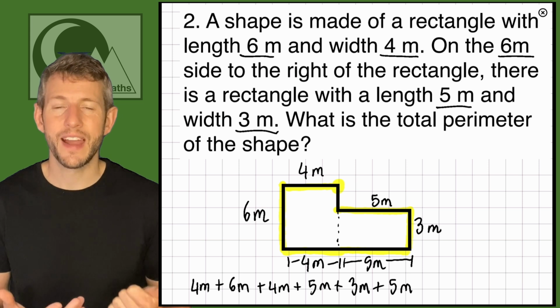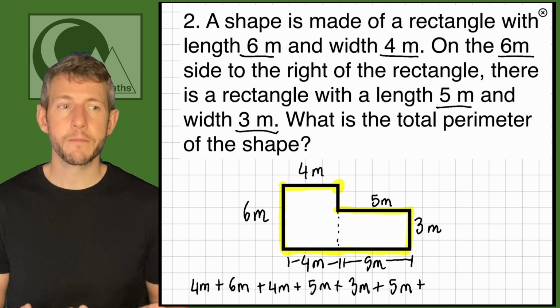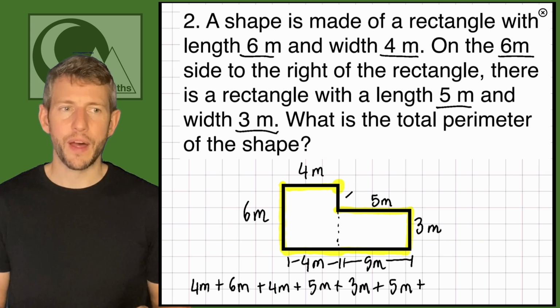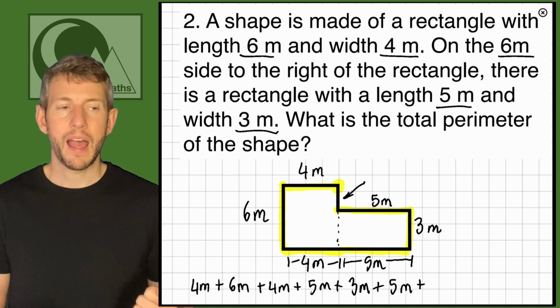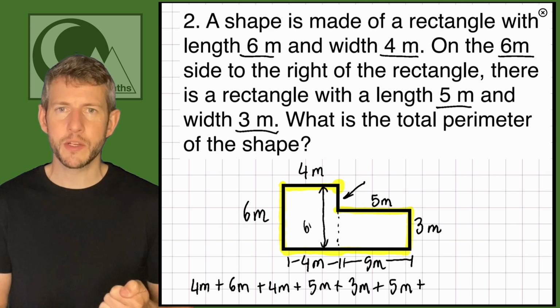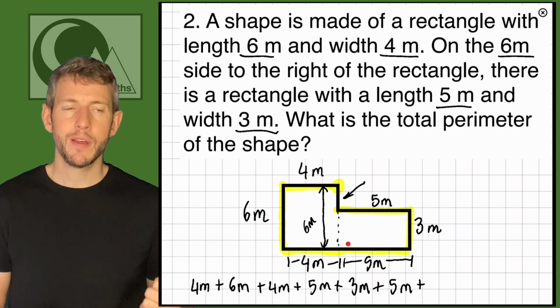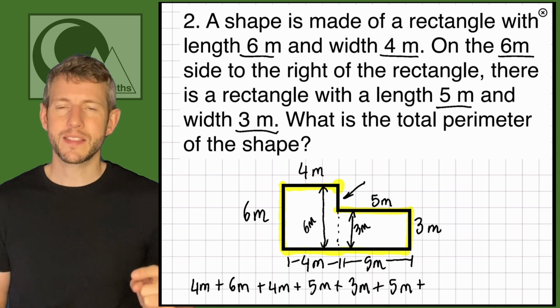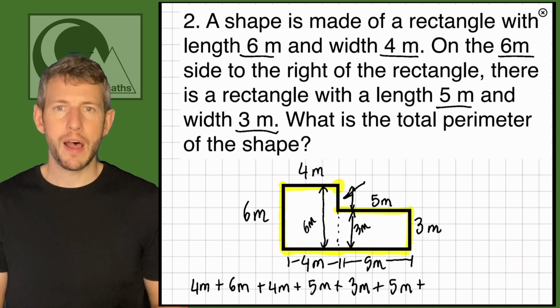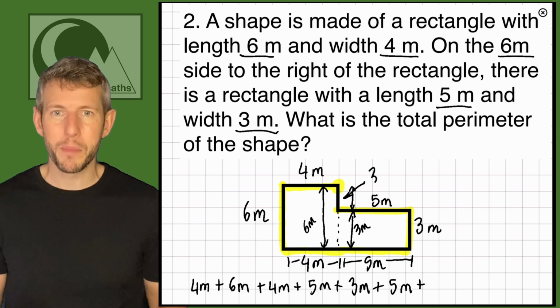Right. And now I need to identify how long this bit is. Well, I can see that if this full length is 6 metres and the rectangle that's joined to it has a width of 3 metres, that means that there is going to be 3 metres left on that side, which is uncovered. Which is uncovered really, which is part of the perimeter.